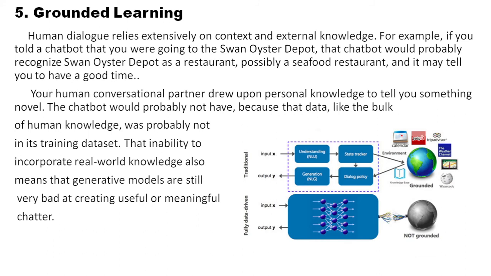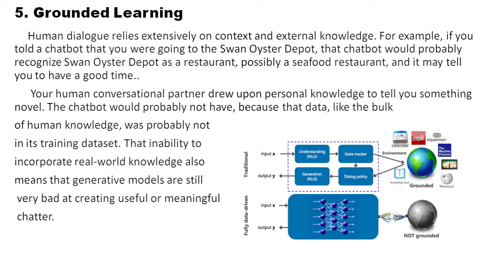Fifth one is grounded learning. Human dialogue relies extensively on context and external knowledge. For example, if you told a chatbot that you were going to the Swan Oyster Depot, the chatbot would probably recognize Swan Oyster Depot as a restaurant, possibly a seafood restaurant, and it may tell you to have a good time.